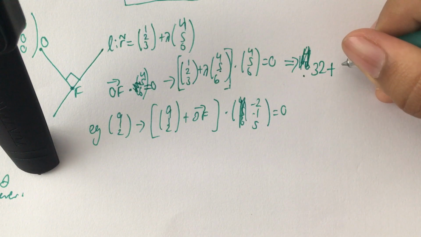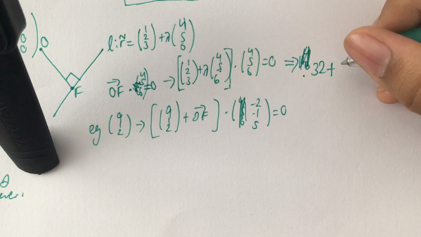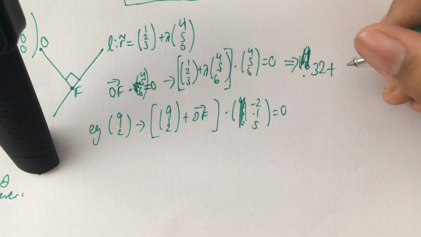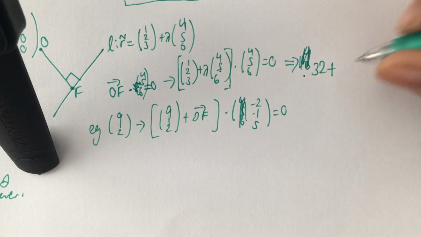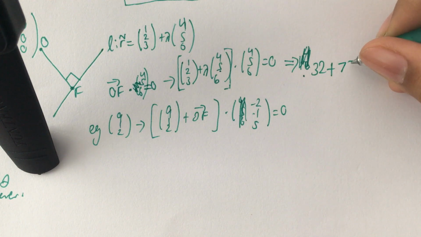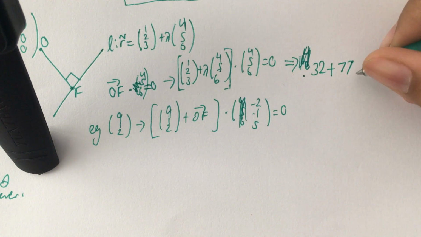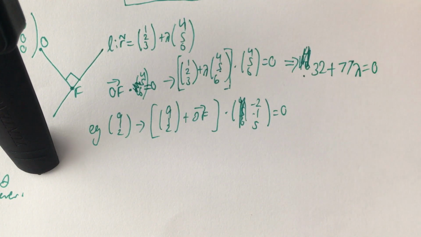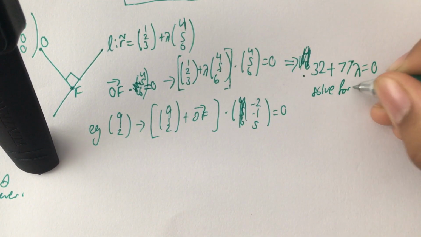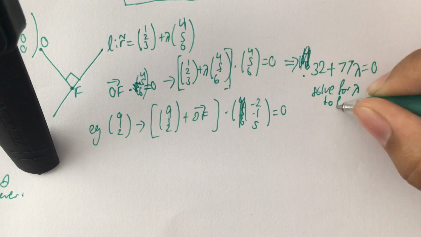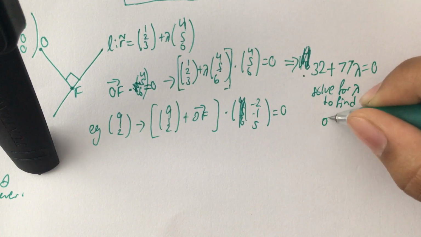But when you do the dot product, you use the direction vector only. Don't include the position vector for the actual line. Since it's the origin, you don't need to add or subtract anything. If there's another point like AF or BF, then you have to subtract OA from OF to get the vector AF or BF. But in this scenario we are not going to use that, so you'll just go with OF.